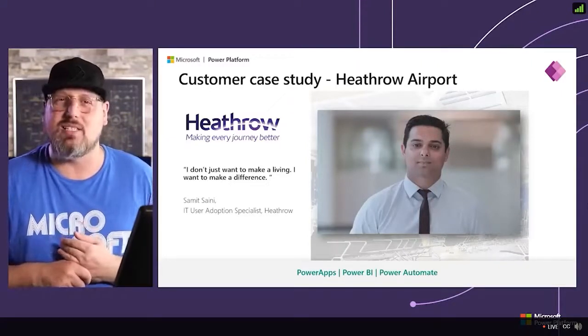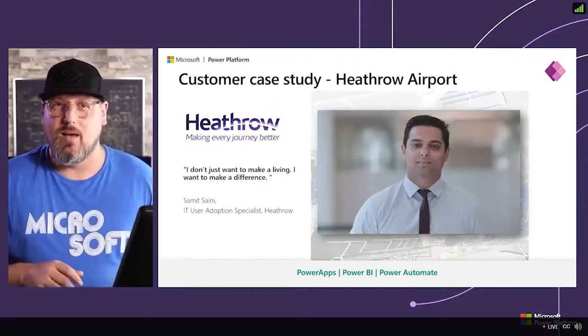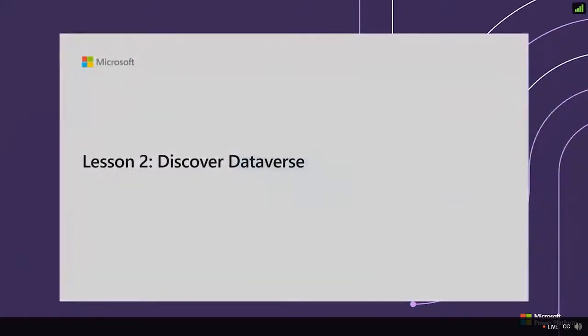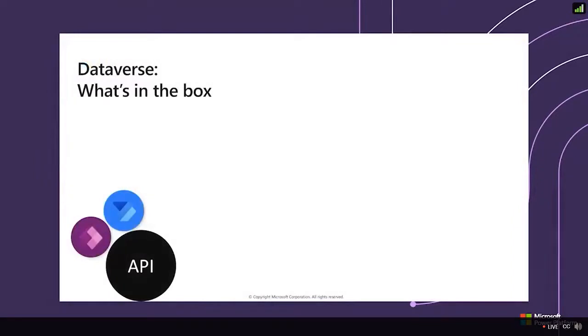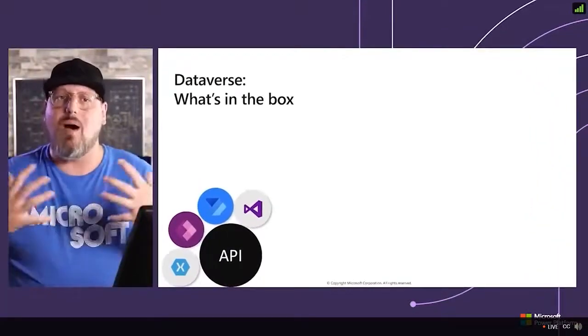This is always amazing. So now, let's work together around what the Dataverse is. Under the hood of the Dataverse, everything runs around different APIs. So you can connect to it natively with Power Apps and Power Automate and AI Builder, but also through every other kind of tools we might have, like Xamarin and Visual Studio, but also non-Microsoft solutions.